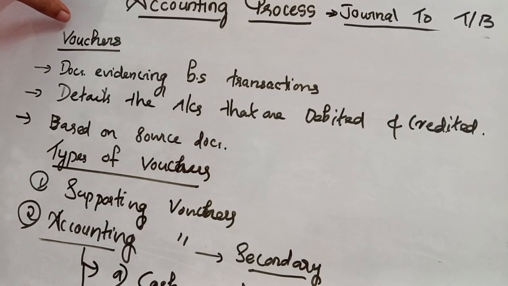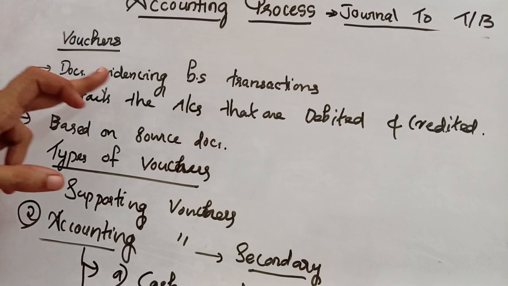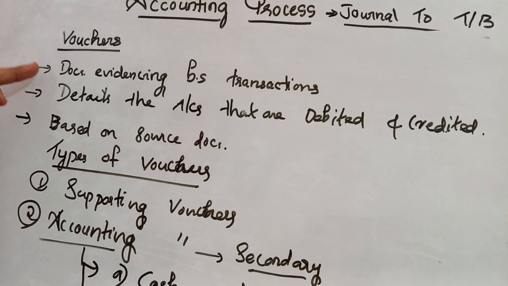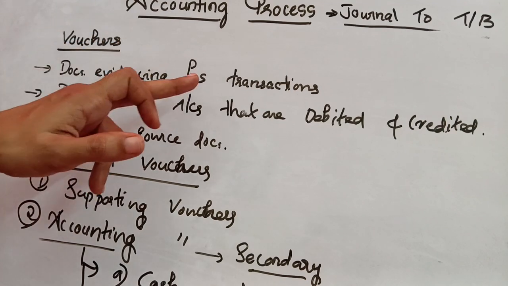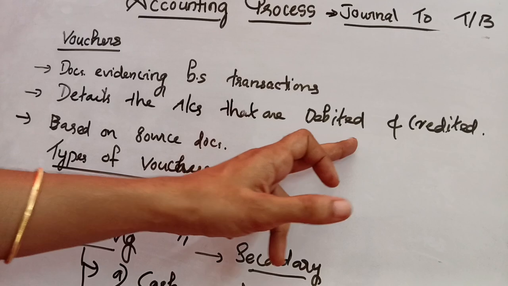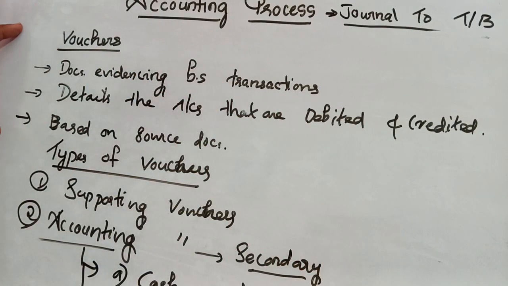Now let's discuss vouchers. Vouchers are documents evidencing business transactions, in the sense that they contain details of the accounts that are debited and credited, and they are prepared based on source documents.